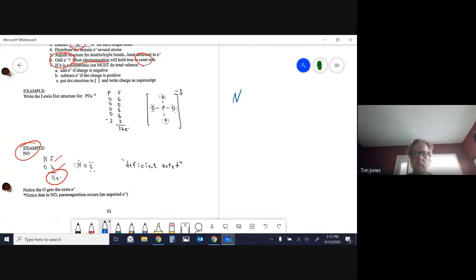We've got nitrogen bonded to oxygen, and of my total 11 electrons, I've used 2, so now I have 9. I always like to start with the more electronegative atom. So what I would do is I go, okay, oxygen needs 6 more. 1, 2, 3, 4, 5, 6. Subtract that. I now have 3. I'll give those to nitrogen. 1, 2, 3. I'm now out of electrons.